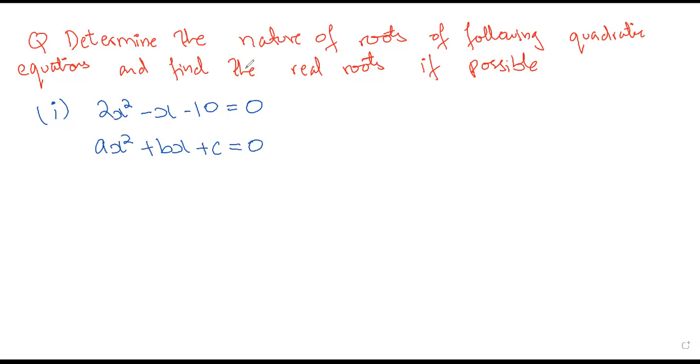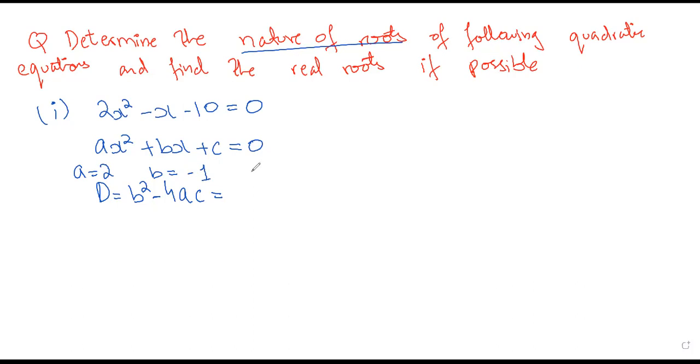The first thing is I have to determine the nature of roots. How am I going to do that? By talking about the discriminant. What is the discriminant? Discriminant is b square minus 4ac. Let's see what a is in our example. a is 2. What is b? Minus 1. Very good. And what about c?